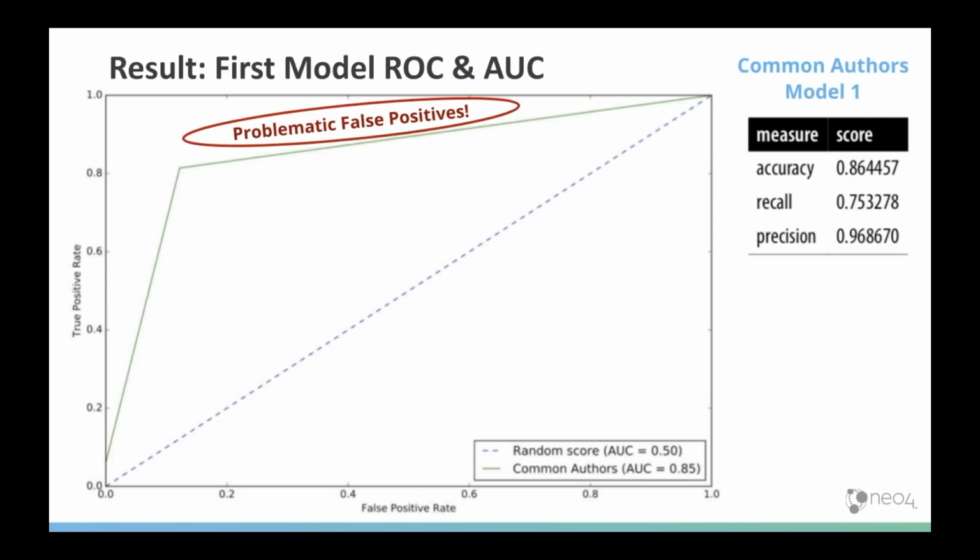So our first model, when we ran that, you can see here the green line compared to the random score, which is the blue line. Our accuracy was 86% there. So you might think, well, that doesn't sound too bad, but actually 86% is not very good at all. And I've circled this area up here where you would end up with a lot of false positives.